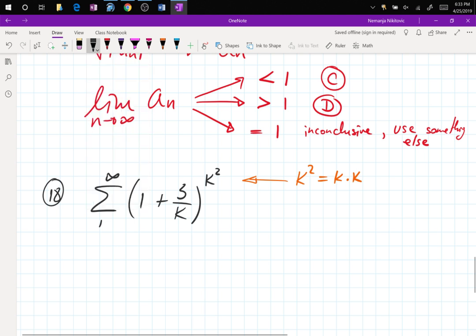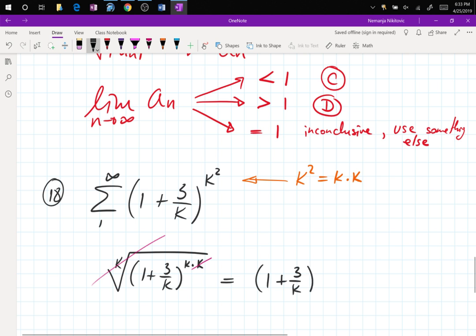If I take the kth root of 1 plus 3 over k to the k times k, the root gets cancelled with one of these k's, and you get 1 plus 3 over k to the k.